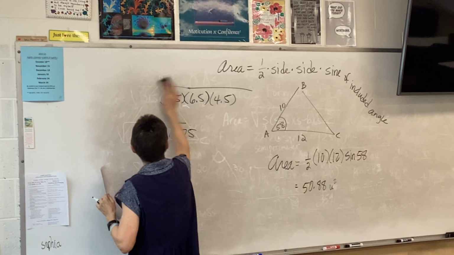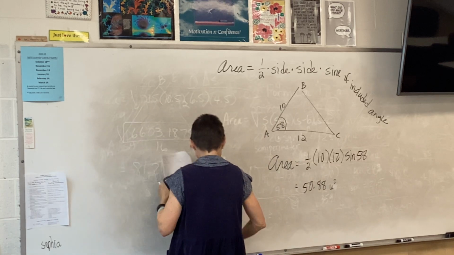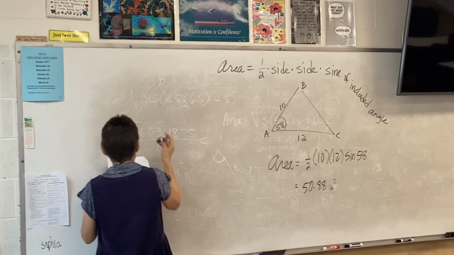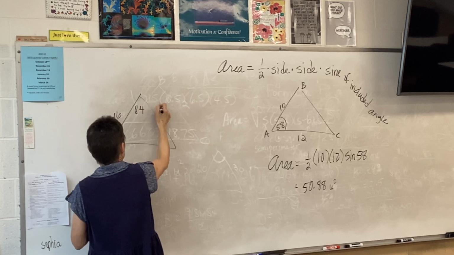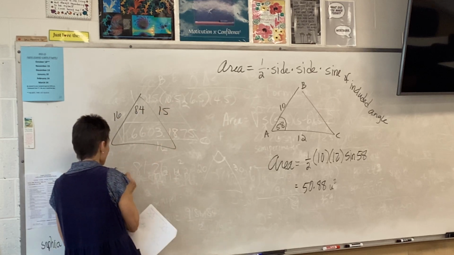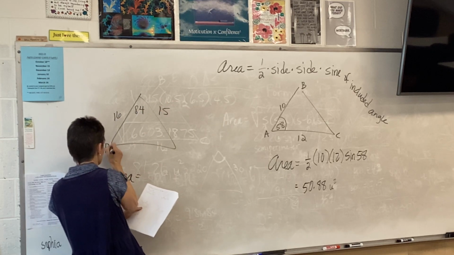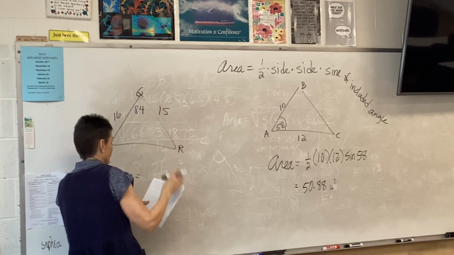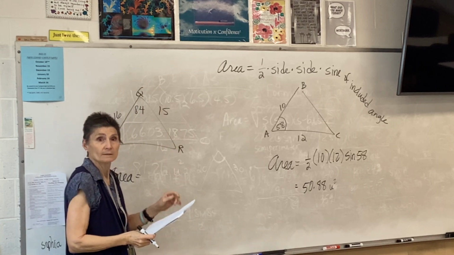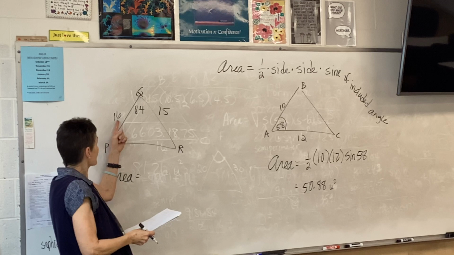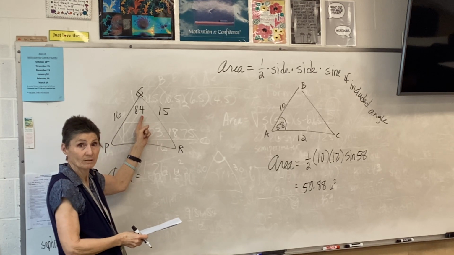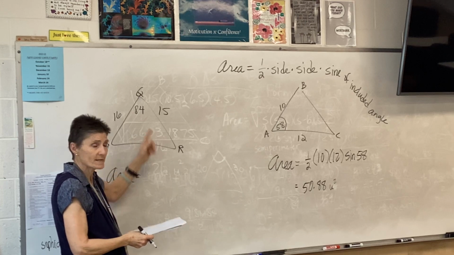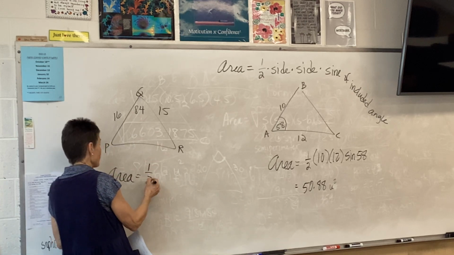Remember, your job here is to find the area. So problem C looks like this. And I'm finding the area. Remember, 1/2 side times sine of included angle. We are home free. Area is, there's really no work to show.